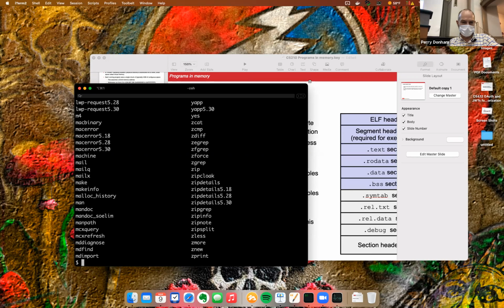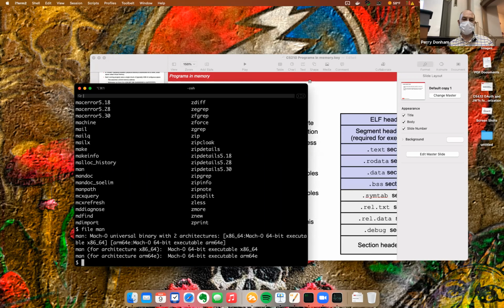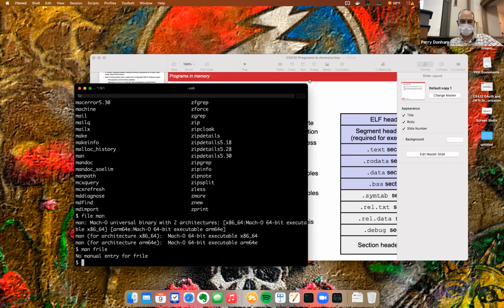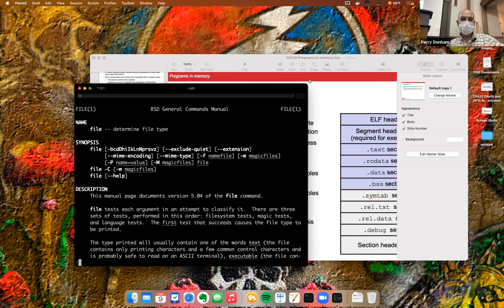Let me check man for the file command, and file, self-referential, file. So file reads that header. It's basically reading that ELF header, and actually it's a Mach header in this case. It's reading the Mach header and telling me what this file is just by reading the information in that header.